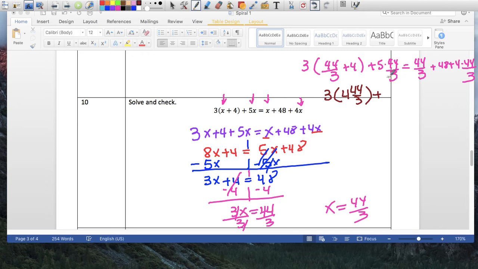I'm going to get 5 times 44 over 3, so it's 220 over 3. And on this side, I get 48 and 44 over 3 plus 176 over 3. Hopefully that all makes sense.